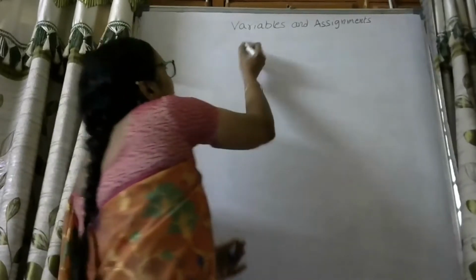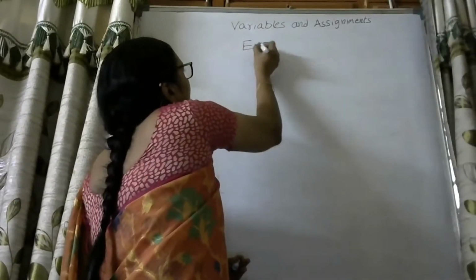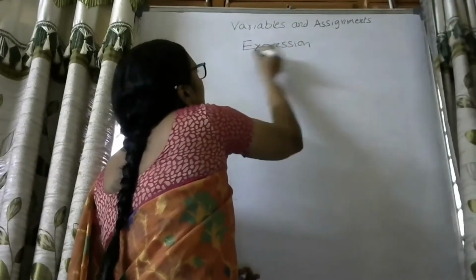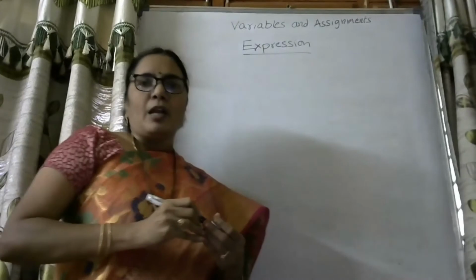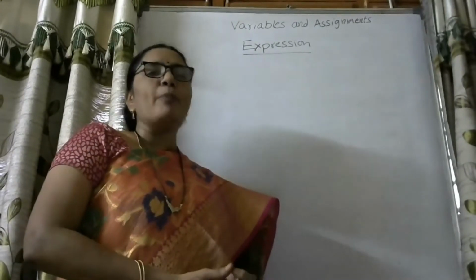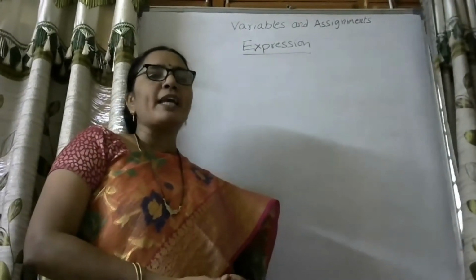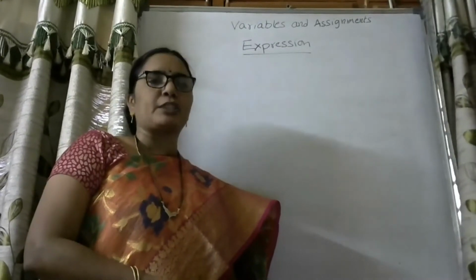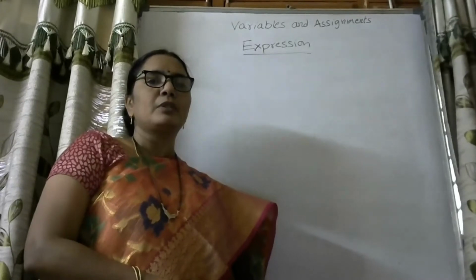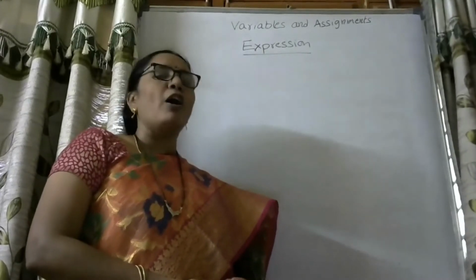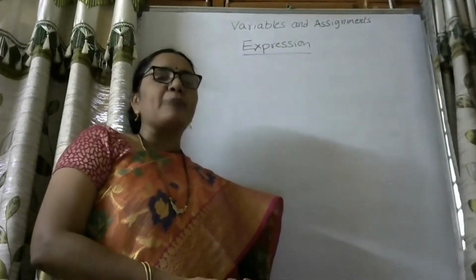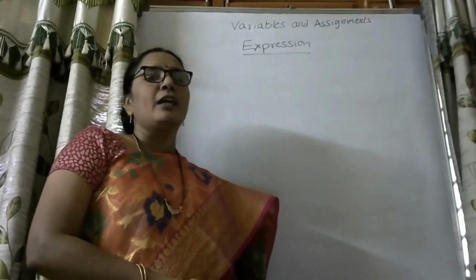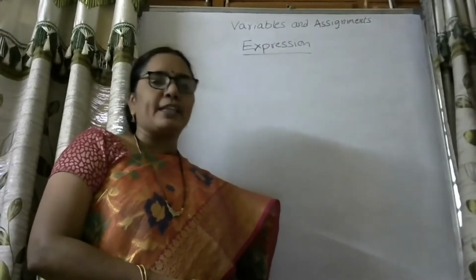Now let me define what an expression is. An expression is a combination of numerical literals, variables and operators. Generally, by default there are different types of expression, but the expression usually means an arithmetic expression.